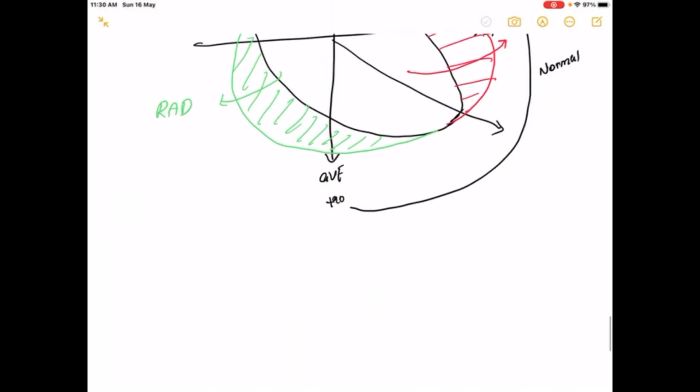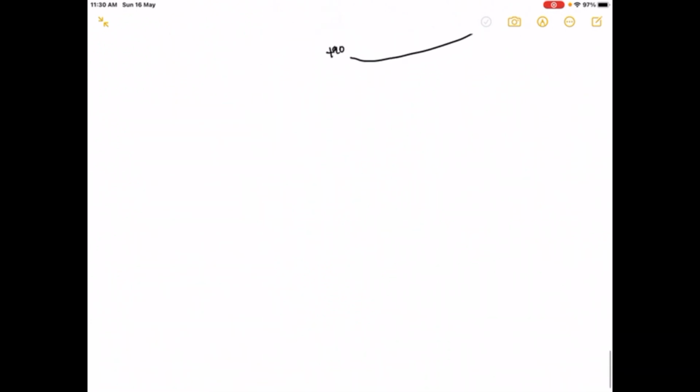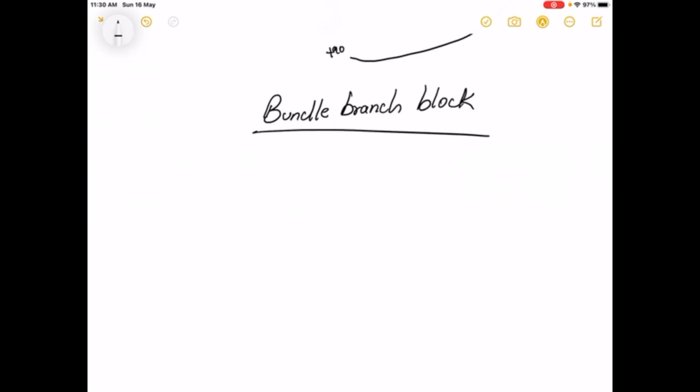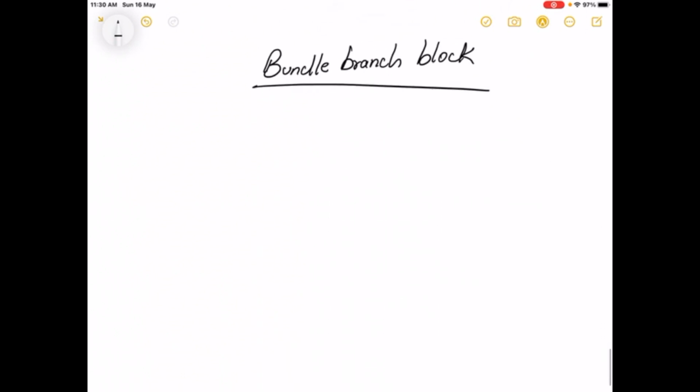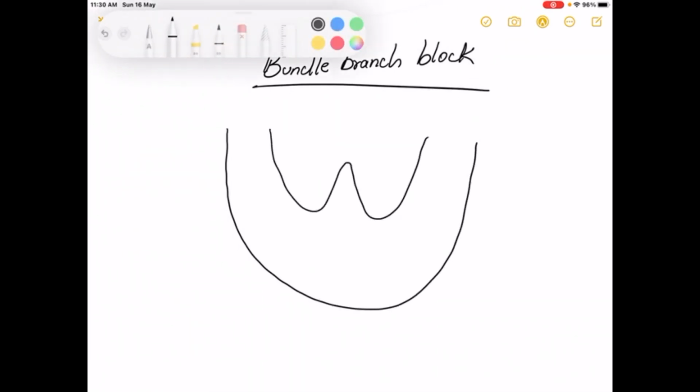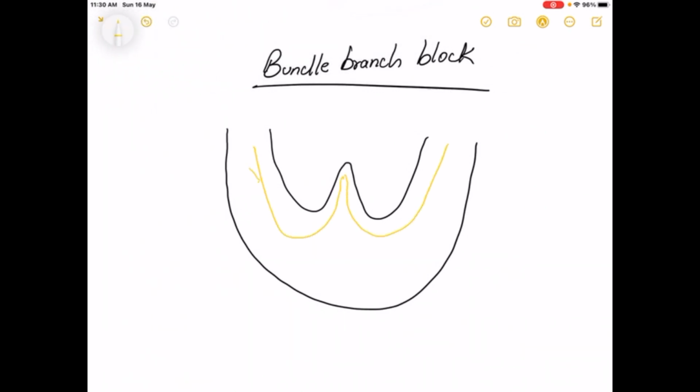Now coming to the last topic for today, that is bundle branch blocks. Normally the ventricular muscle has left and right bundles.